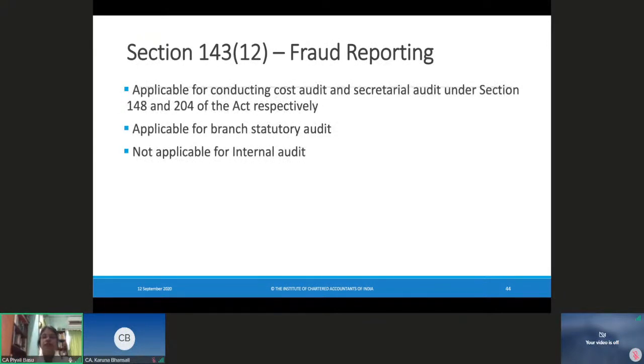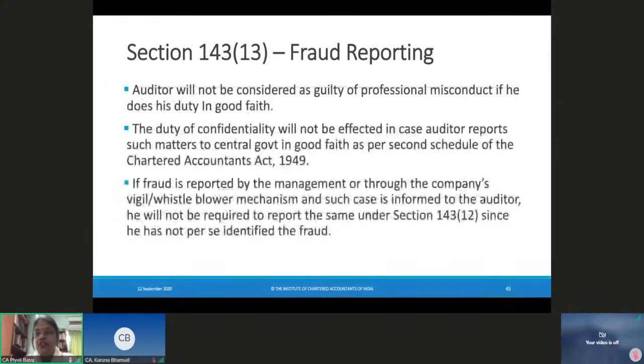Section 143(13) gives us some respite from not reporting. The auditor will not be considered guilty of professional misconduct if he does his duty in good faith but could not identify such fraud that may have happened.